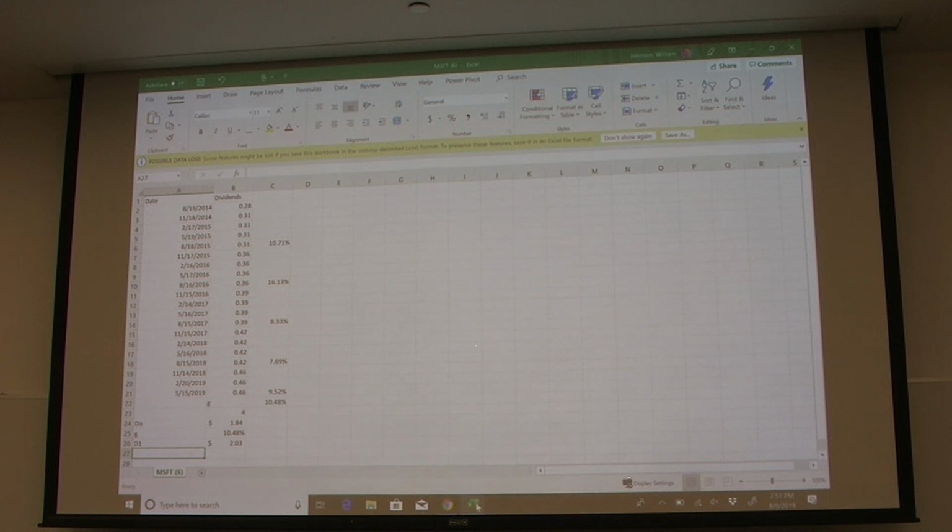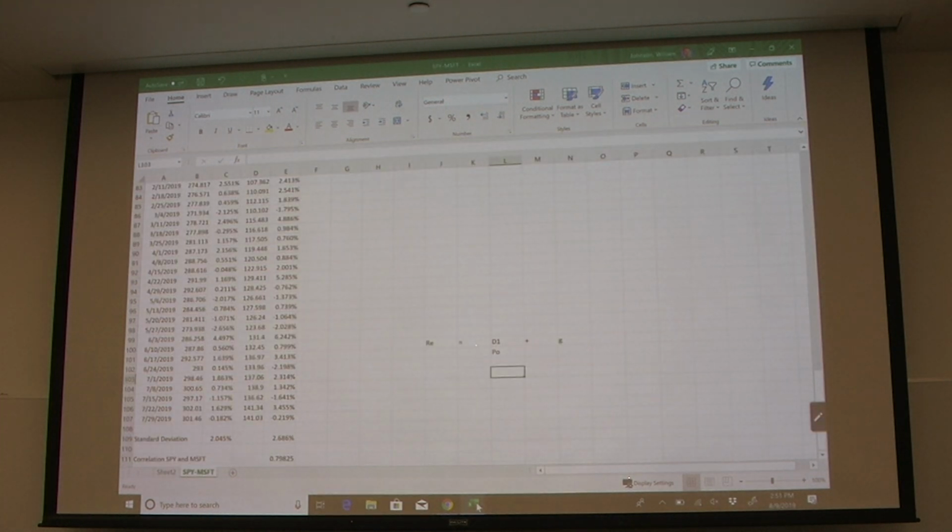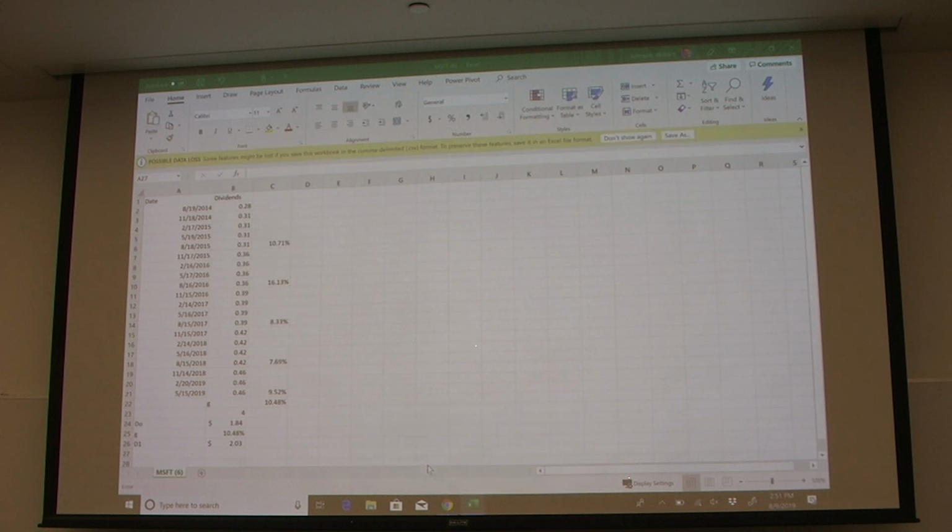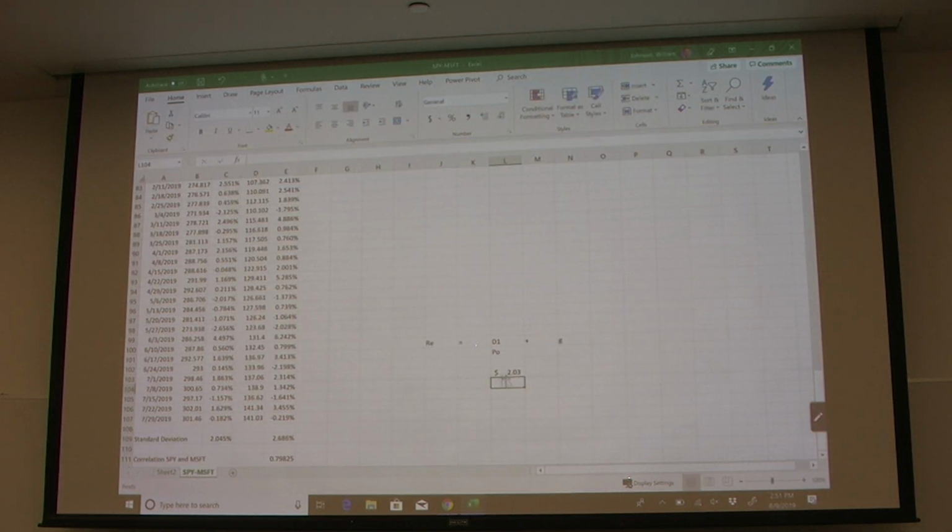So we're starting to fill in the information we need to answer our question. That's our next dividend. Now what else do we need? We need the last price, and we can just use this 141.03. That is our last price.